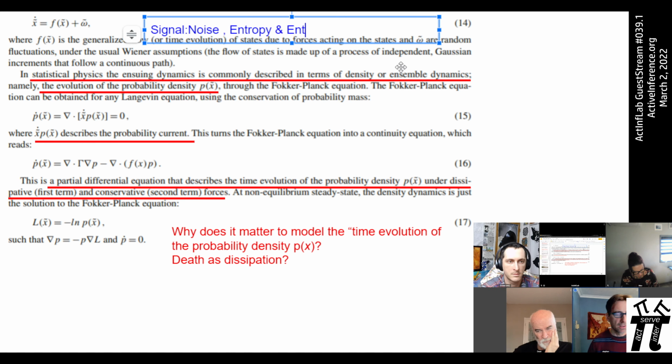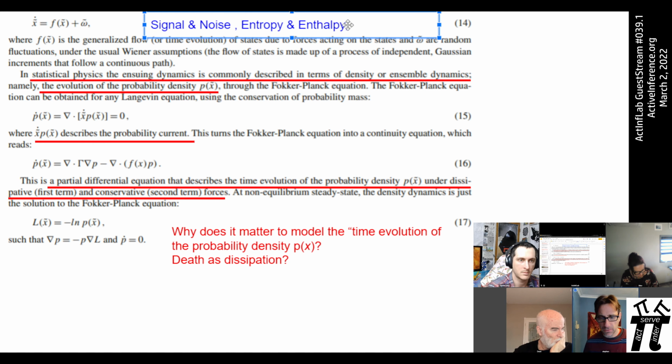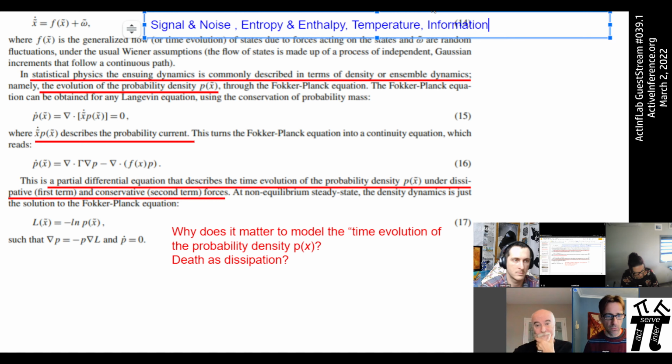Because these things are translatable, just like mass and energy are translatable, and they're known to ultimately be conserved. The overall mass energy of a system is always conserved, but it could be translated between.